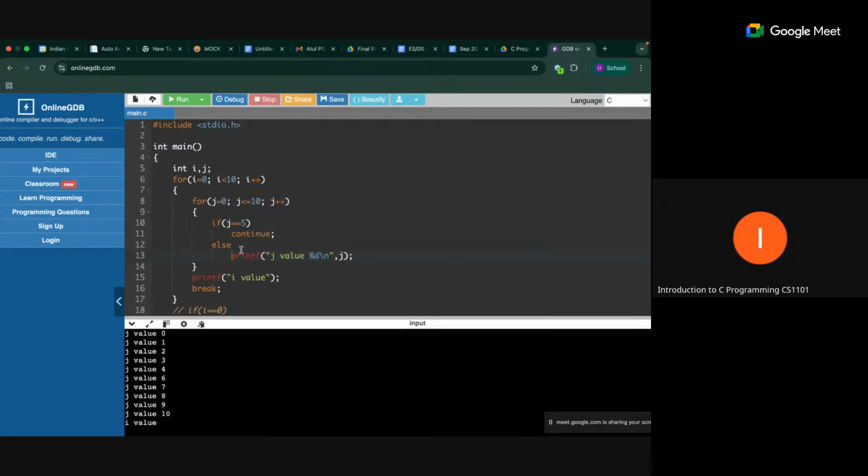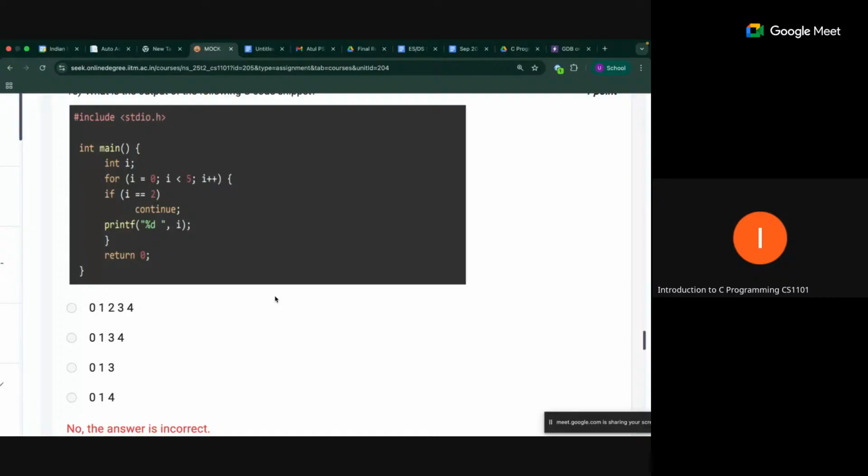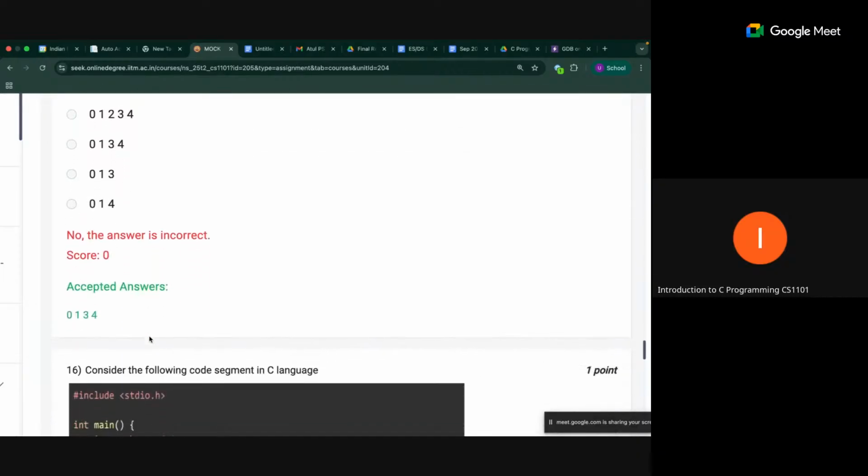See, when j equal to 5 it is skipping, leaving it, and doing the same process here. This is how all these things work. So here continue, in the sense of leaving, the 2, 3 and 4 get printed. So 0, 1, 3, 4 are the output.